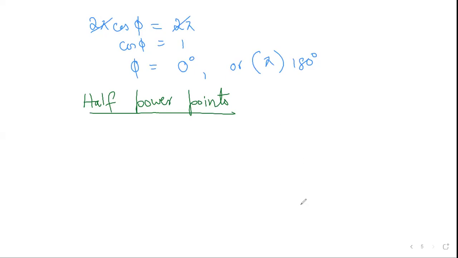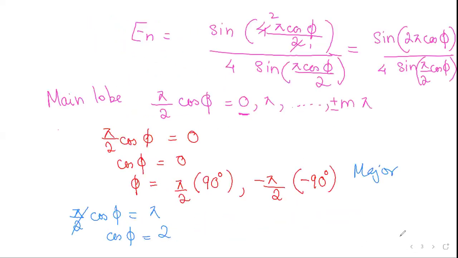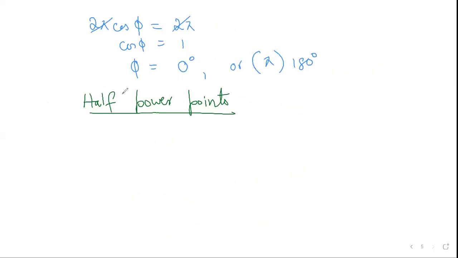Now let's understand the half power points. I invite you to look at this expression of the electric field. You will have to take this from me, because the derivation is very difficult for you: for half power, 2 pi cos phi should be equal to plus minus 1.391 radians.